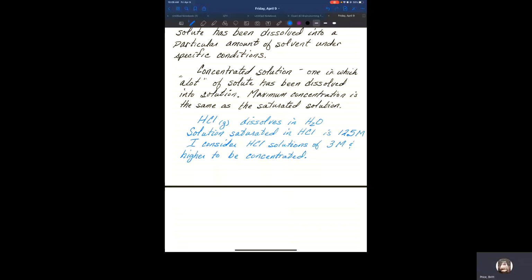Obviously, the closer I get to this 12.5 molar saturation point, the more concentrated it is.